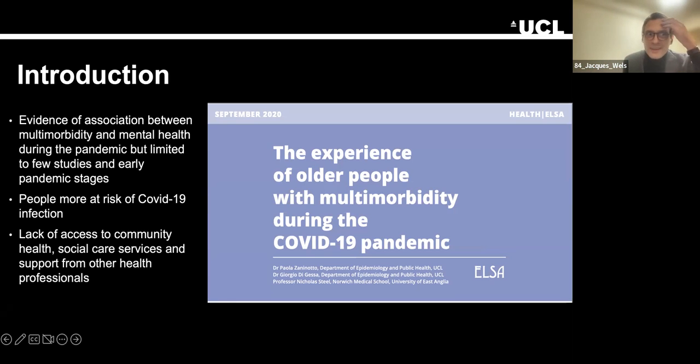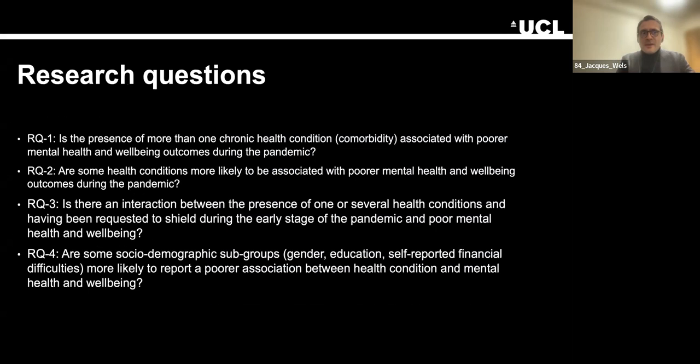Well, as Ruth said as well, she did my introduction much better than I will do. People with multi or comorbidities were more at risk of COVID-19 infection first. The second point is also a lack of access to community health, social care services, and support from other health professionals. Flowing from that, we have developed 4 research questions that we wanted to look at.